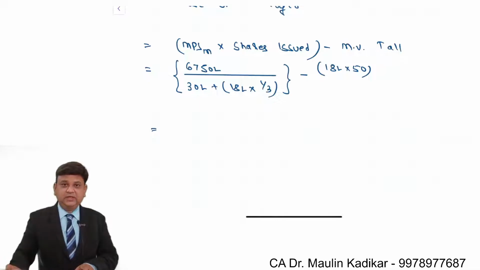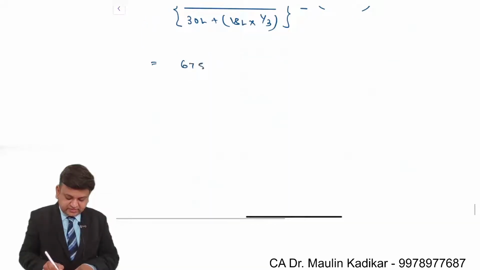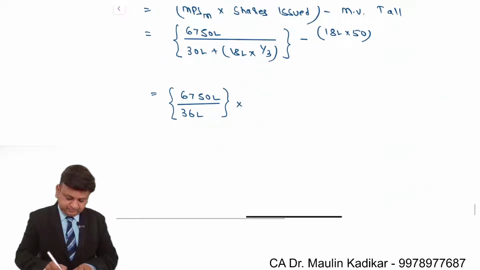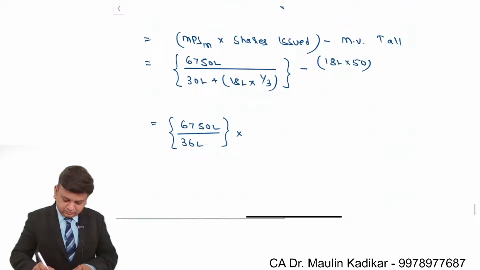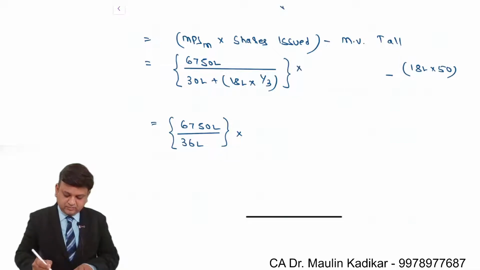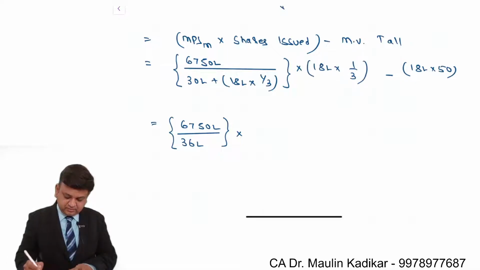So 18 upon 3, that comes to 6 lakhs. 6 plus 30, that is 36 lakhs. So what will happen? 6750 lakhs divided by 36 lakhs into, I'm sorry, over here I forgot to mention shares issued, 18 lakhs into 1 by 3.